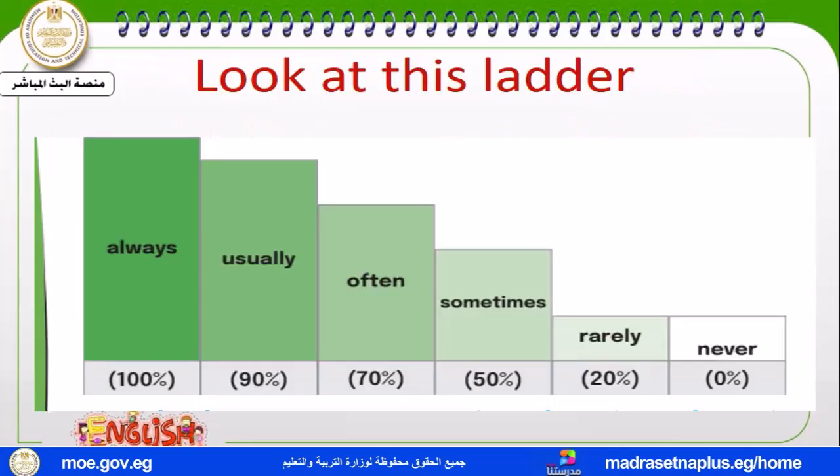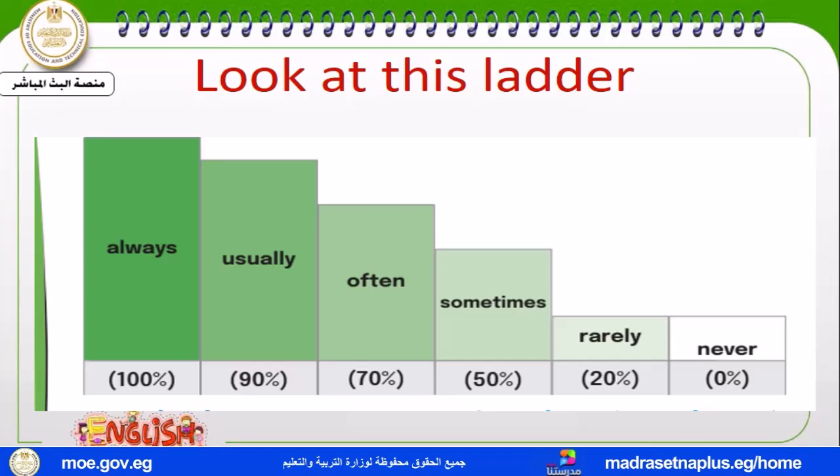Here are the words that we call adverbs of frequency. They are always, usually, often, sometimes, rarely, never. You can see that they are arranged in order. They look like the steps of a ladder.